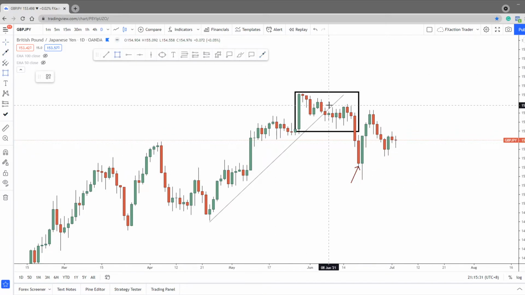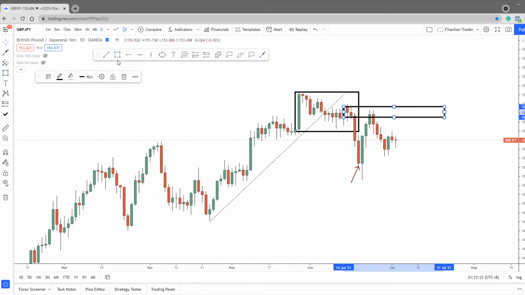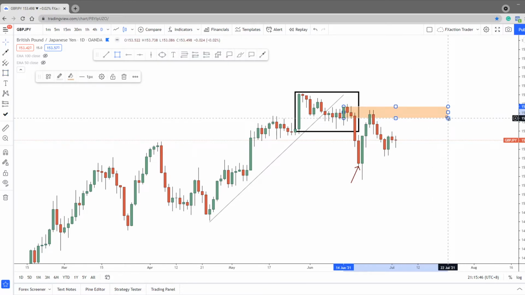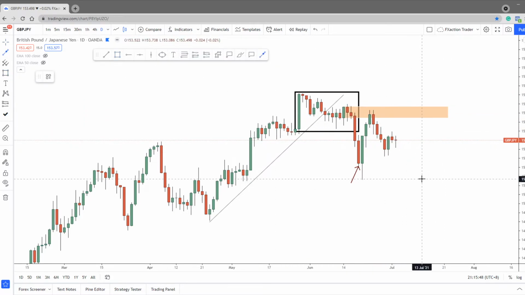So this week, as long as the market is not able to break this important zone at 155.359, we are still looking for a sell signal.